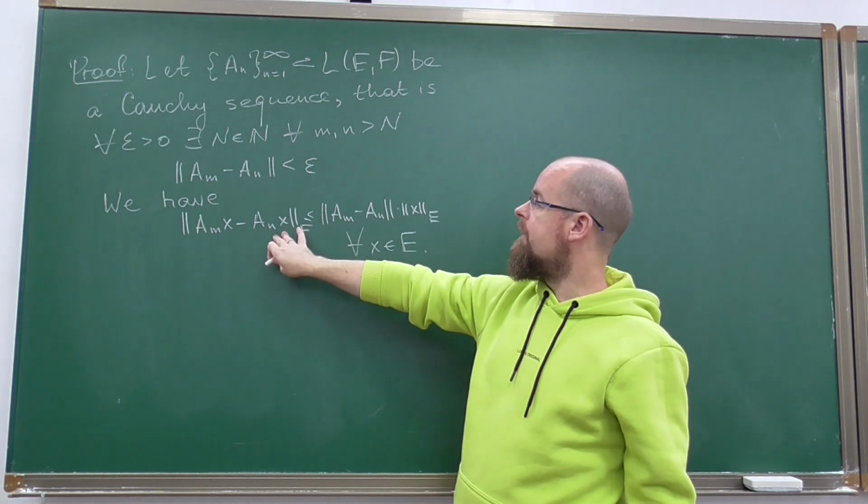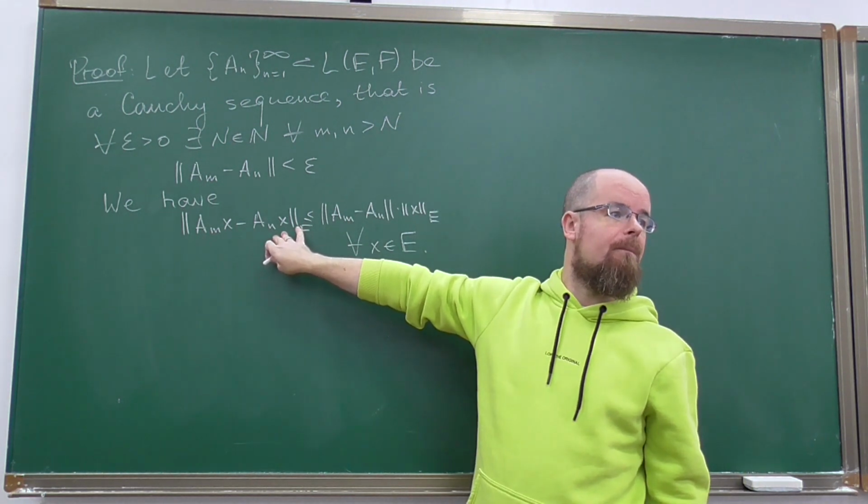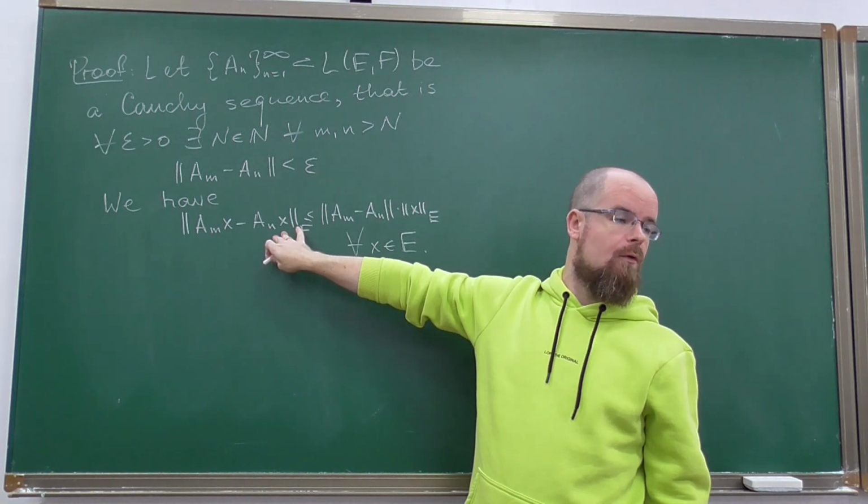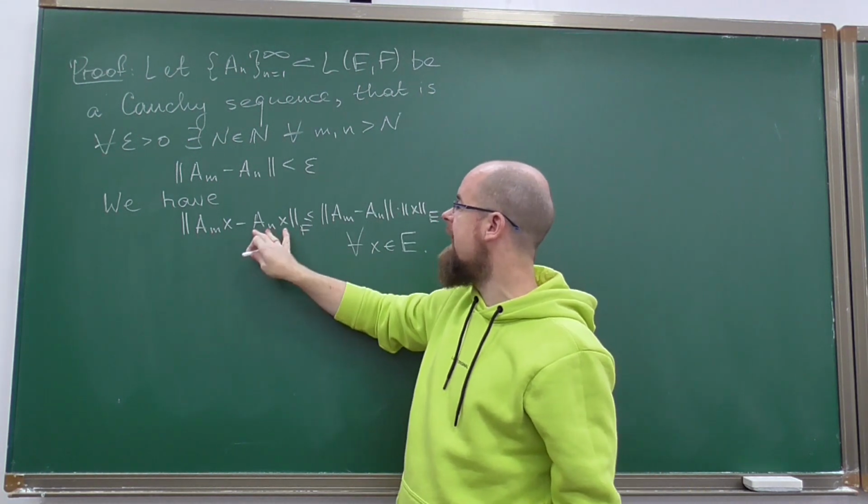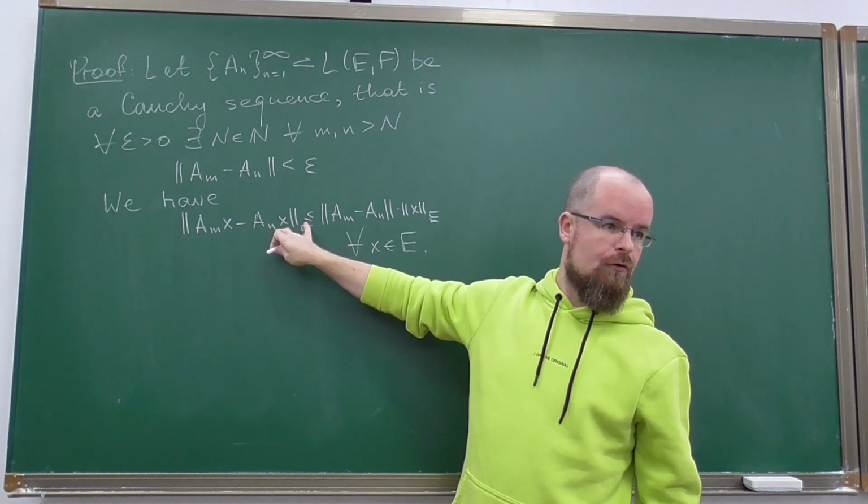So the norm of this difference can be made arbitrarily small, which means that the sequence A_n x is Cauchy.